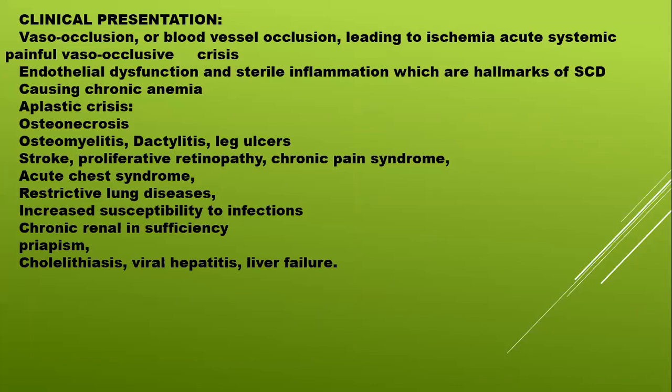Chronic anemia, aplastic crisis, osteonecrosis, osteomyelitis, dactylitis, leg ulcers, stroke, proliferative retinopathy, chronic pain syndrome, acute chest syndrome, restrictive lung disease, increased susceptibility to infections, chronic renal insufficiency, priapism, eclampsia, viral hepatitis, liver failure. These all may be the clinical presentation here, but the most common is the acute pain syndrome.